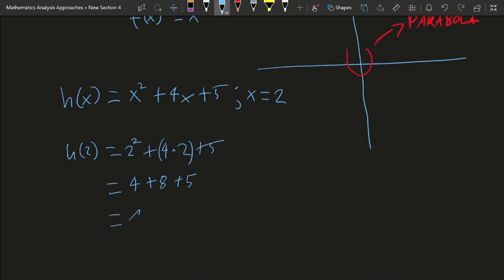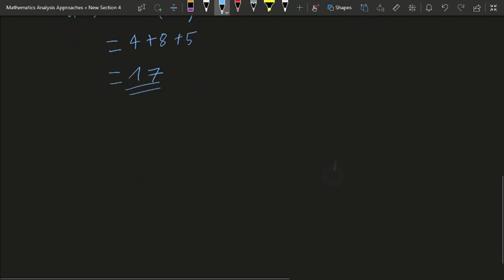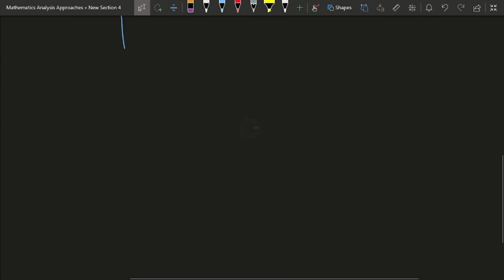So 17. And that's our answer. 17. Okay. I think we got the idea of functions here, this notation. So let's look at how to draw functions.